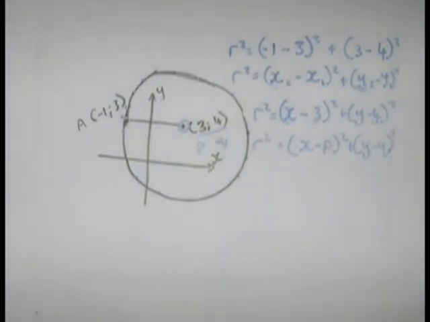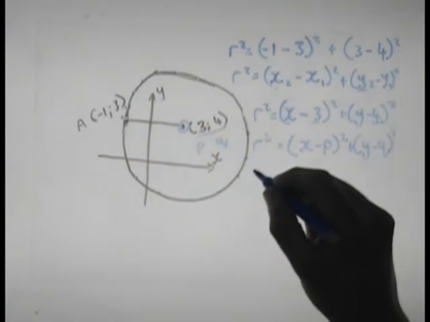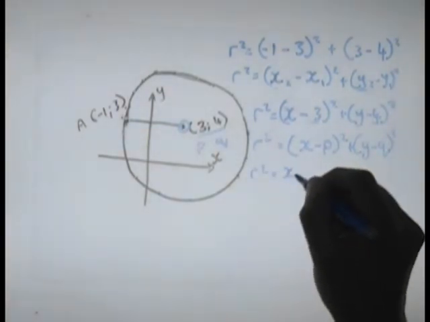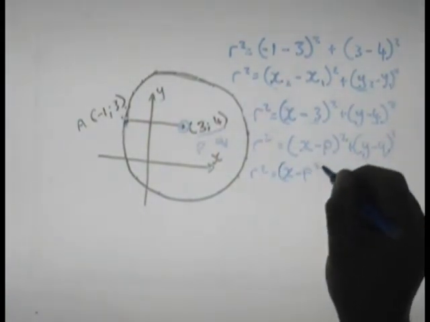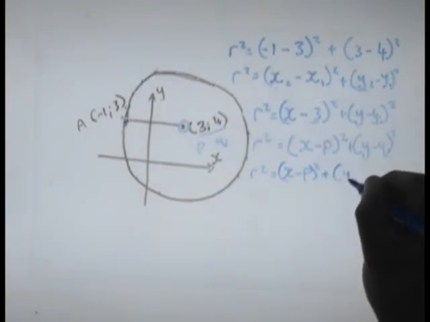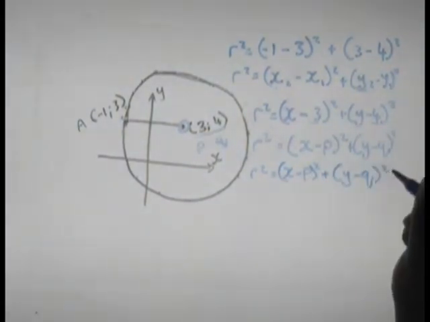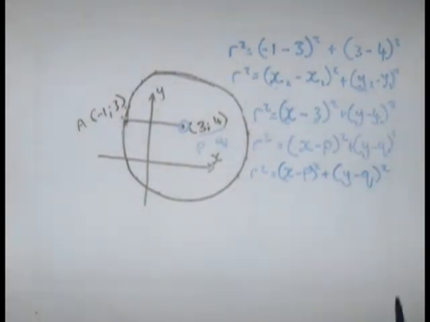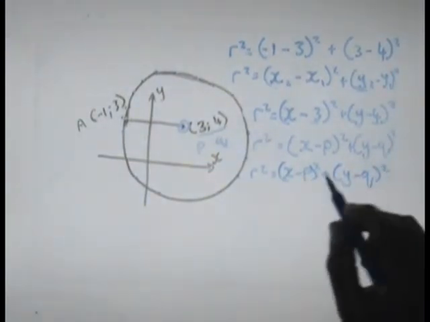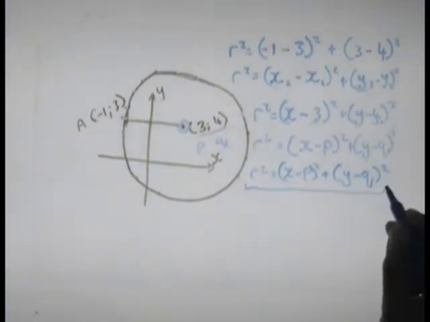That means that the equation of a circle not centered around the origin is going to read r squared is equal to x minus p squared plus y minus q squared.